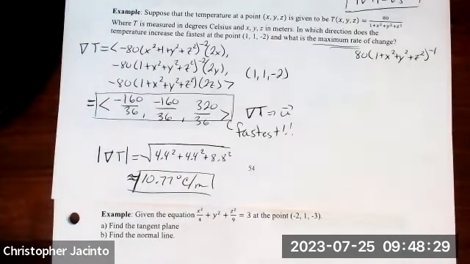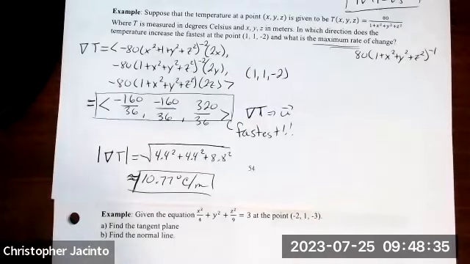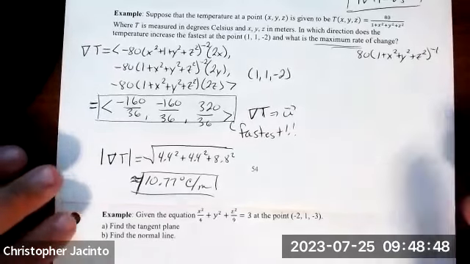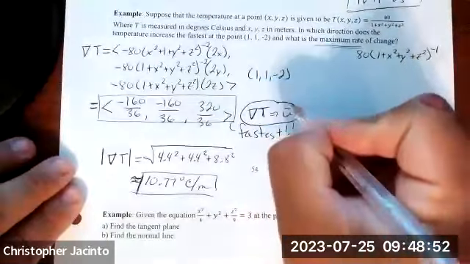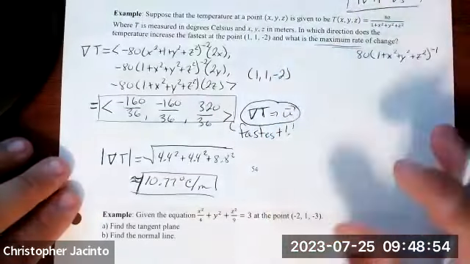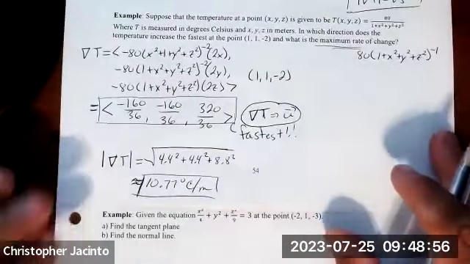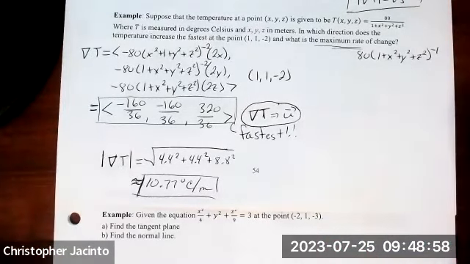Yep. How'd you get (2, 1)? Yes. So it is the maximum as long as the unit vector is in the same direction. That's right. So it's not going to be the same, but it's the same direction as the gradient.